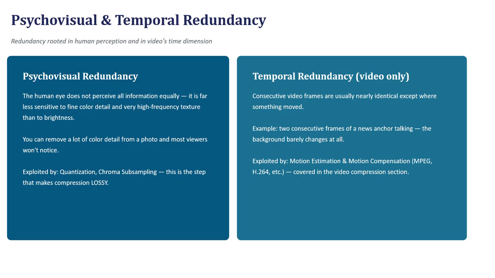And temporal redundancy is for videos only. Consider two consecutive frames of a news anchor talking. Here the background is not changing. So temporal redundancy means I make use of the idea of motion estimation and motion compensation. Consider if a car is moving: it was at location X, and after 2 seconds, it is at location X plus 20.